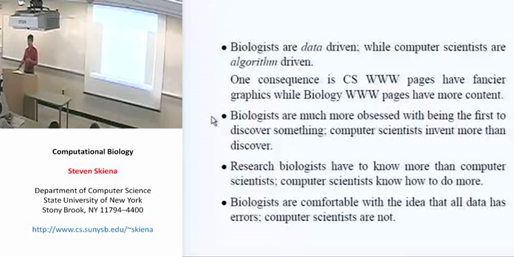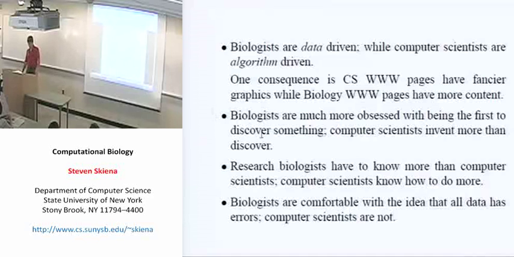Because being the second person to discover something doesn't do you any good. As a computer scientist, I don't really worry too much when I'm doing research that somebody else is going to beat me to it. Usually I'm not in a race, okay? But in the life sciences, often there's a small number of very important problems. The winner, okay, gets the glory. The loser loses the grant and disappears, okay? So it's a different world there.